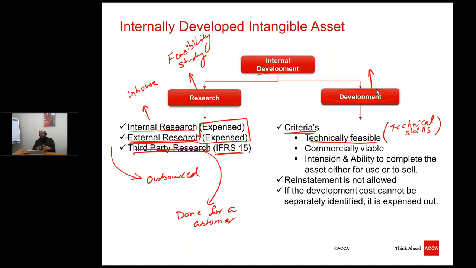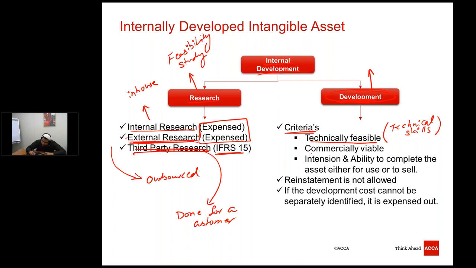If an accountant decides to become a doctor and operate on someone, he's not a doctor, that is not technically feasible. So the project should be technically feasible so that we have technical skills. Yes, Simran, we can outsource the technical skills, but right now we are discussing that if we have an option to outsource, the project is technically feasible. But if we are planning to do it ourselves, that is not technically feasible.